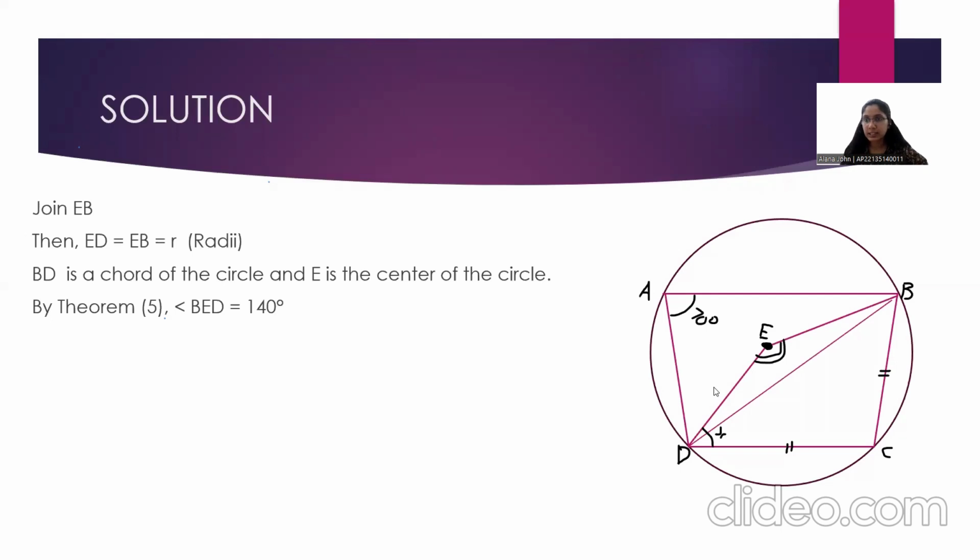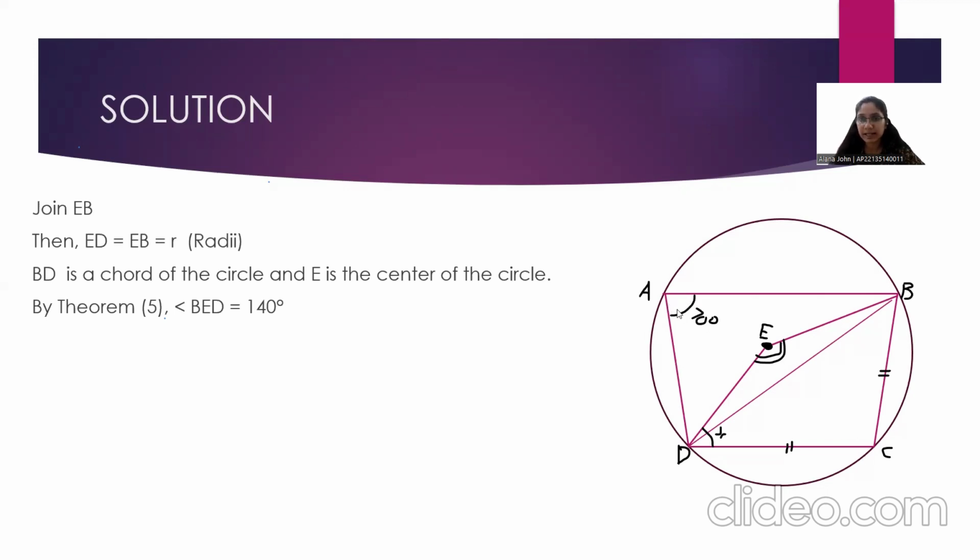So we have found ED and EB to be radius of the circle, and also now we found the angle at E, angle BED, to be 140 degree. Now just observe this ABCD. What is this? This is nothing but a cyclic quadrilateral, right? Then we have a famous property, theorem 7 regarding cyclic quadrilateral, that the opposite angles of a cyclic quadrilateral, their sum will be 180 degree.